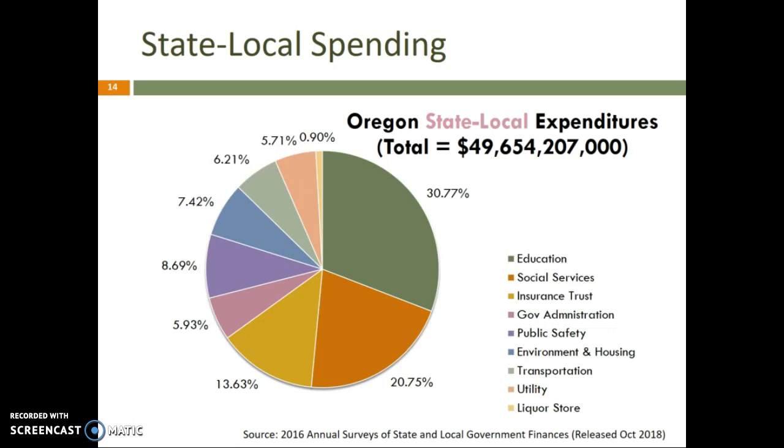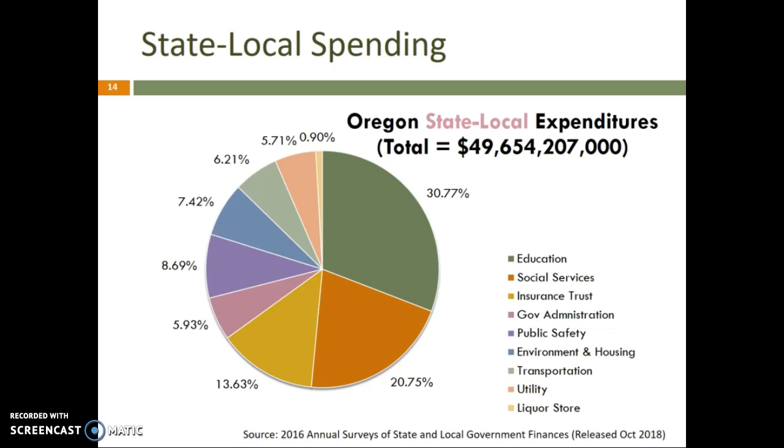But since we already went through the separate revenue sources, I decided to just combine all of these together for the expenditure side. So you can see that the total is about $49 billion in terms of state and local expenditures. And the majority of this, about half of all of the expenditures, basically go towards education and social services. Those are your green pieces of the pie, 30% and 20% here.